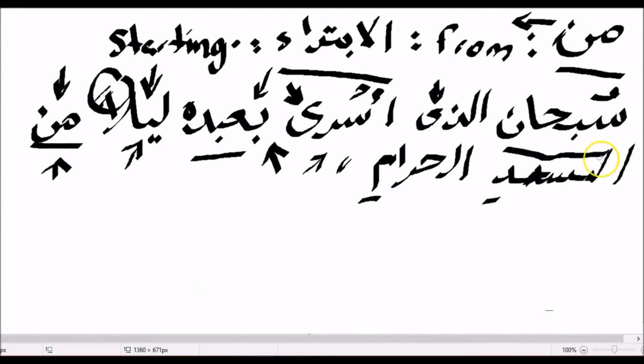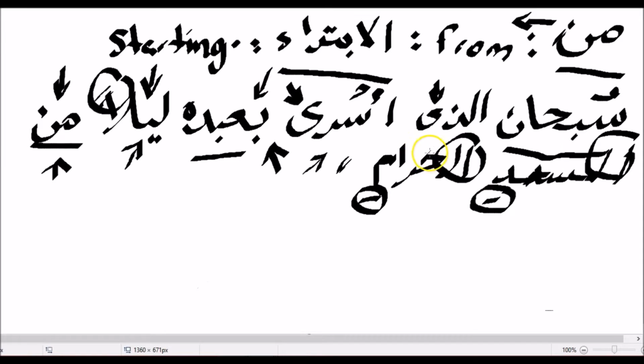Al-masjid al-harami, you know that masjid is ism because of alif and lam, and you also know it because of kasra. As well as al-haram, you know it's ism because of alif and lam, and because of kasra. Min means al-ibtida.